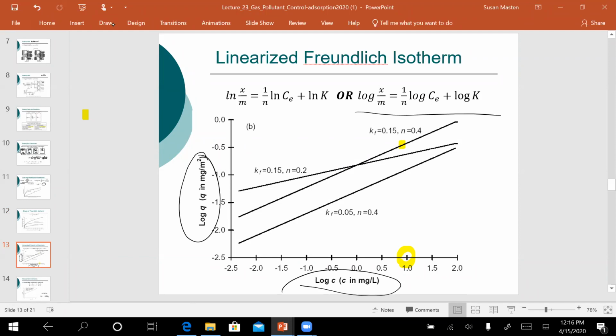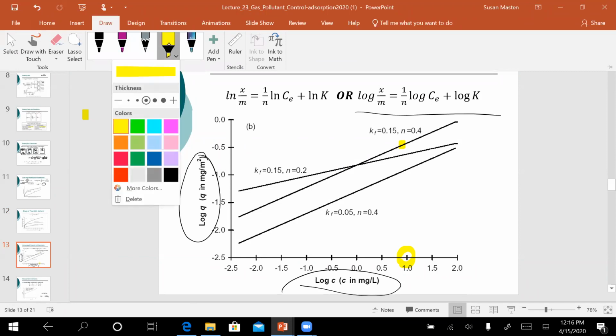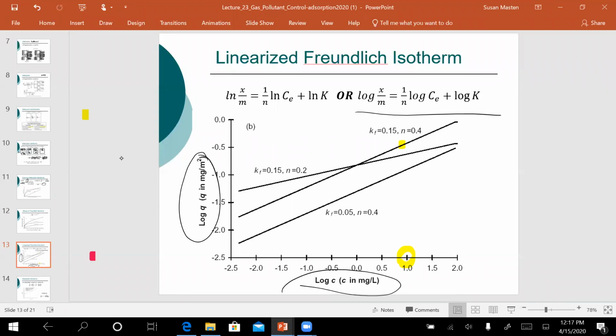If, on the other hand, we need to achieve a lower concentration, so 10 to the minus 2, this other carbon would be the better carbon to use. And we're also going to look at how cost effective it is. It may be that this other carbon, our red carbon, is much more costly than the yellow carbon. So it may make sense actually to use the yellow carbon because of the economics.